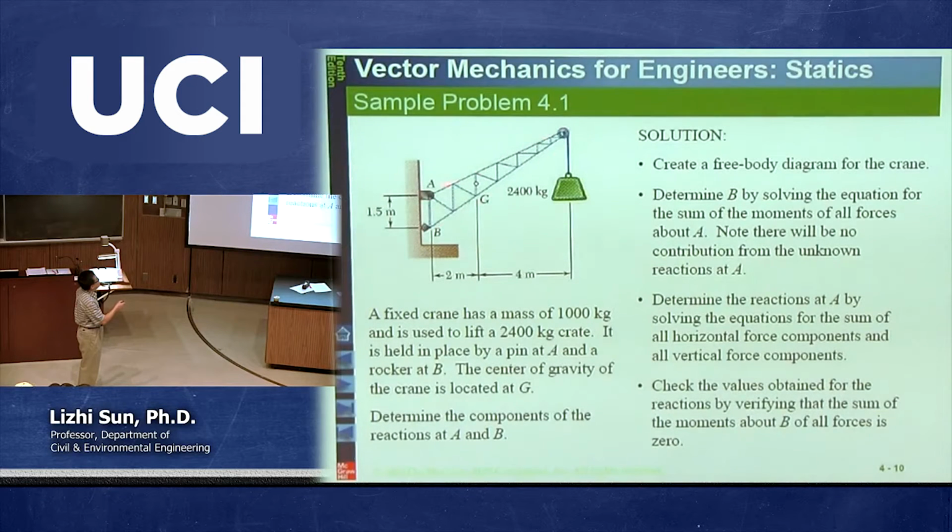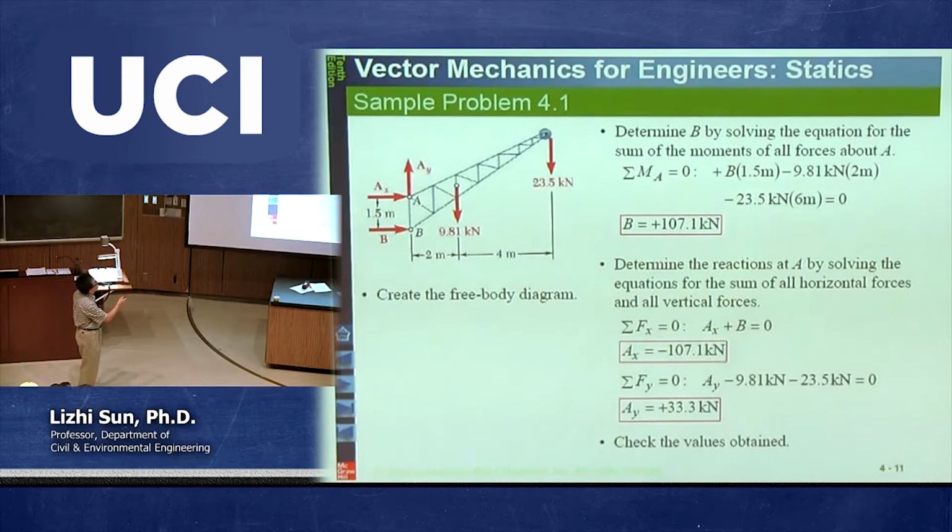So once we have a rigid body, we need to look at how this rigid body interacts with the outside world, right? So this rigid body is interacting with this crate through this cable. So that's why you need to cut this cable here, close enough to the rigid body. So when you cut this one, then this crate is equivalent to a force acting on this point going down. So that's the first force you need to plot on the rigid body.